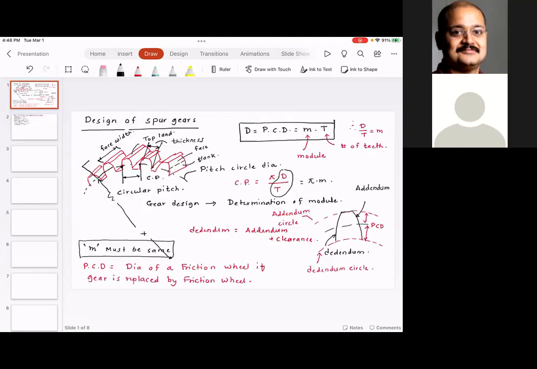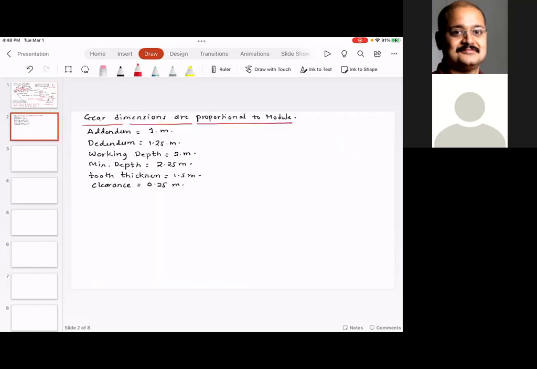So typically here there is a radius. So this is the fillet radius. Radius is equal to 0.4 times module.